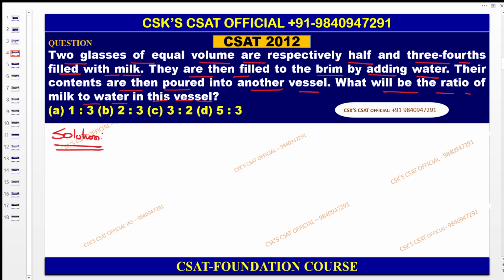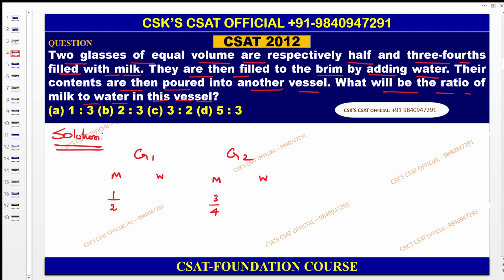Now try to understand this one. Two glasses, right? Glass 1 and glass 2. Milk here, water here; milk here, water here. Volume respectively filled with milk. So the first glass is half, the second glass is 3 by 4.